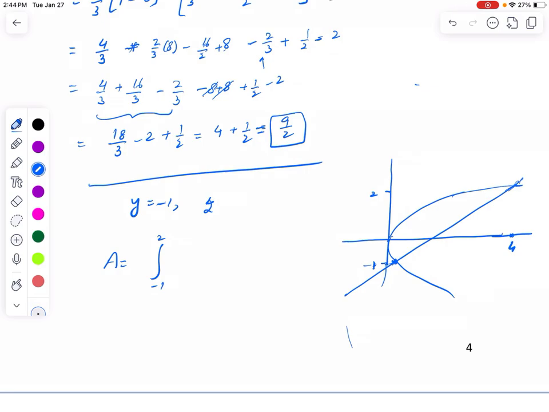Six plus 2 is 8, and I combine two terms over 3. What is left is -1/2.